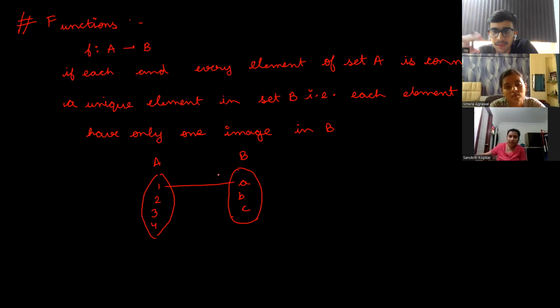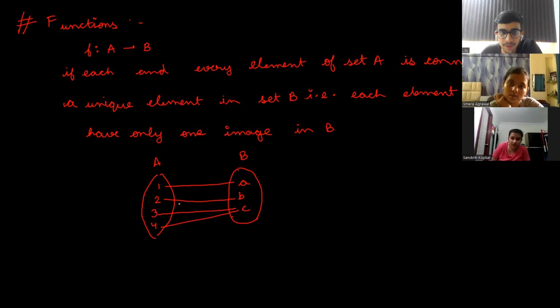And सारे elements A के B से connected होने चाहिए. ठीक है? So that means 1 2 से connected है, 3 C से connected है, 4 C से connected है. So मैं क्या बोल रहा हूँ, सारे elements A के are they connected with B? Yes, and every element of A has only one image in B. मतलब every element of A has a unique image in B.